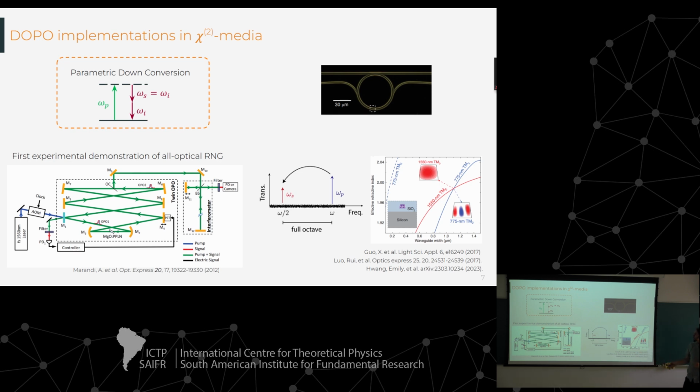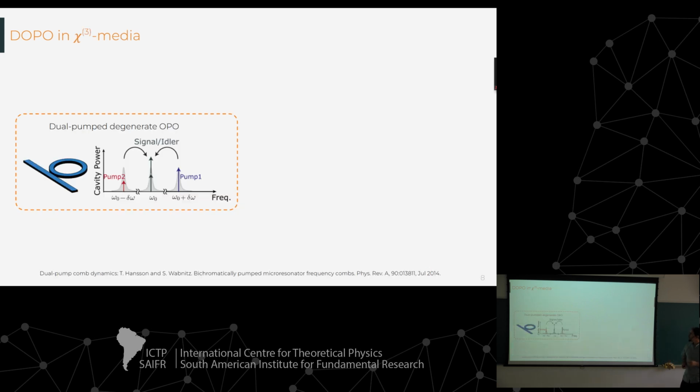So for that, it's necessary to have control of dispersion of these cavities for this full octave, right? A huge spectral bandwidth.